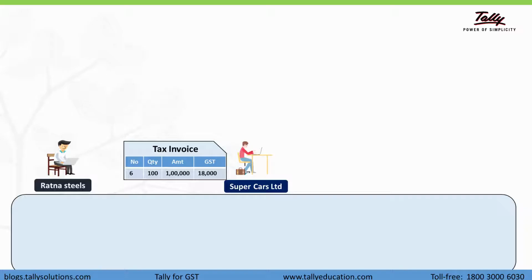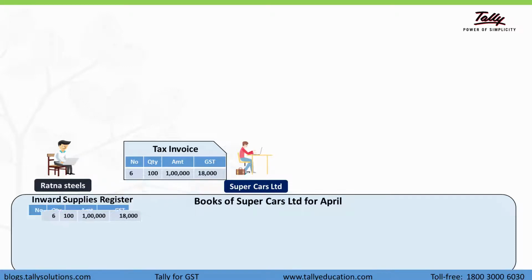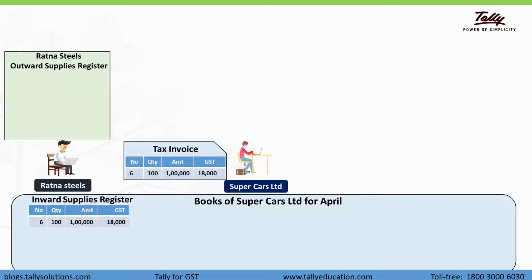We'll now see how the invoice will appear in your books for the month of April. In the inward supplies register, invoice number 6 is recorded. The same invoice gets recorded in Ratna Steel's outward supplies register.